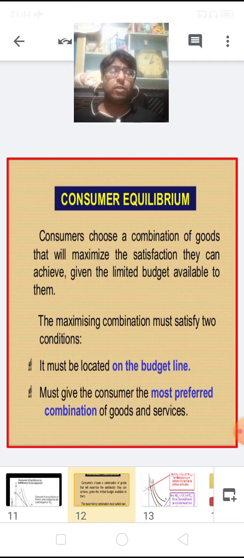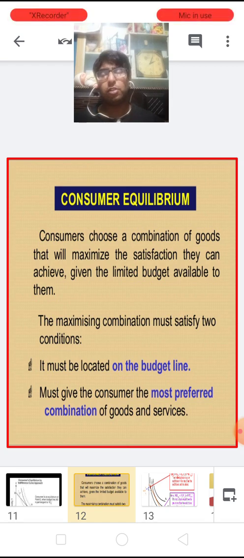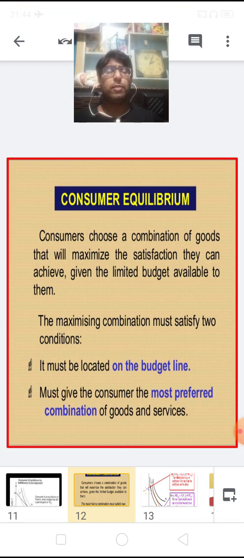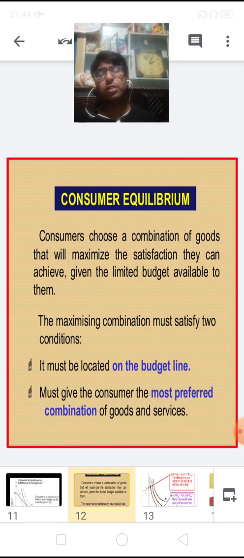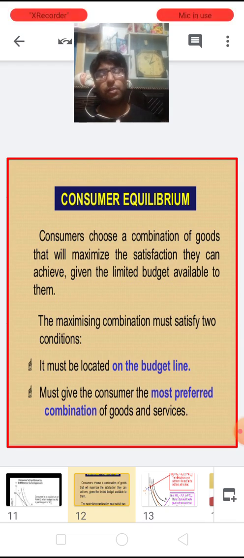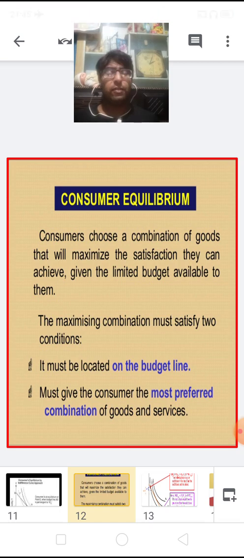Now a consumer will mostly prefer this combination E as compared with F and G, because F and G lie on indifference curve 1, whereas the combination E lies on IC2, and because of the property of indifference curves, a higher indifference curve gives a higher level of satisfaction to the consumer.